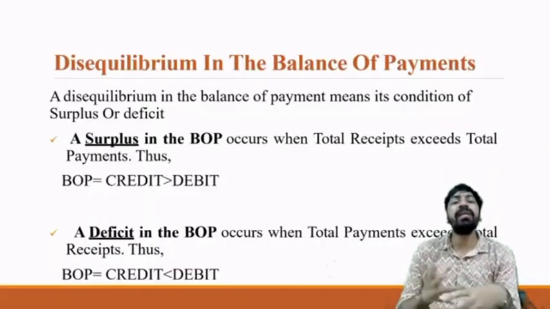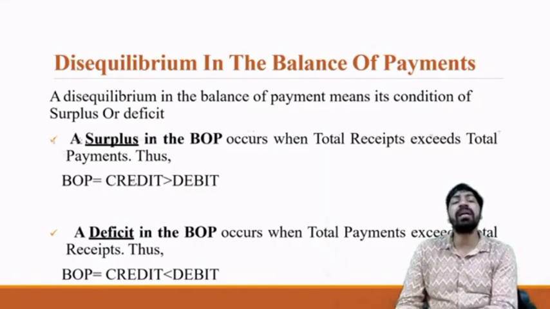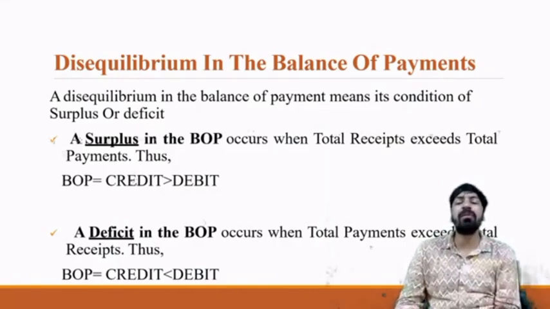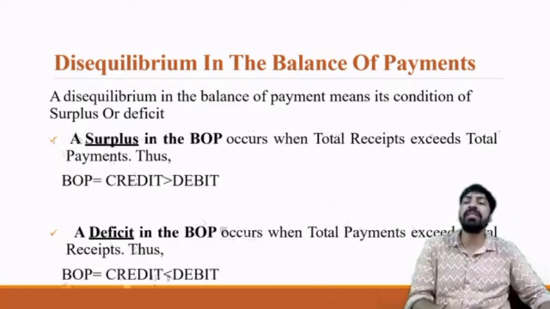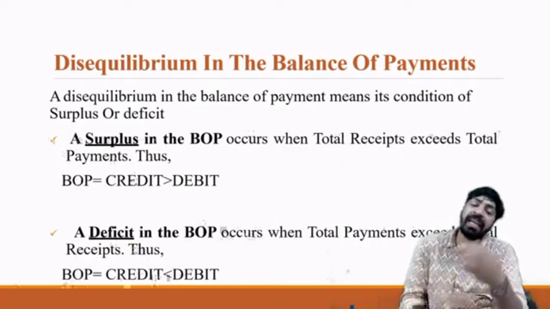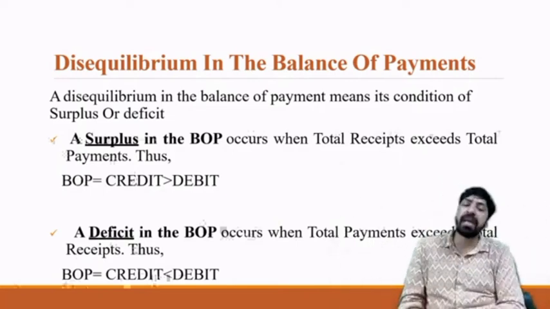Now, how does disequilibrium come in the balance of payment? A disequilibrium is a situation where the balance of payment comes into a condition of surplus or deficit. When total receipts are more than total payments, that means the credit side is more than the debit side, that's called surplus.